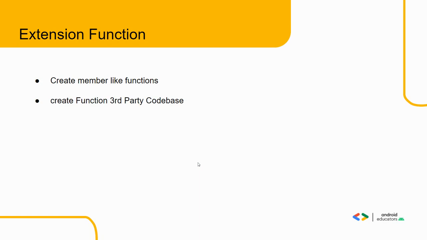You can also create extension functions on a third-party code base. You might create more methods on an OkHttp library. It can be from any Google library, any other library. You can create an extension function on any class, and also any language. It does not depend only on Kotlin.